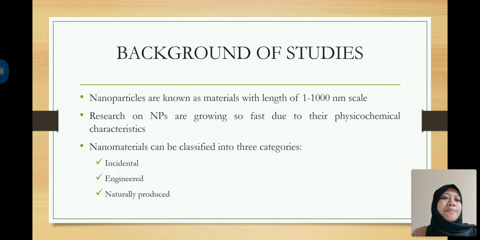Nanoparticles are known as materials with a length of 1 to 1000 nanometer scale. Nowadays, research on nanoparticles is growing fast due to their physicochemical characteristics, like melting point, electrical and thermal conduction, and catalytic activity compared to their bulk counterparts. Nanoparticles can be classified into three categories: incidental, engineered, and naturally produced.